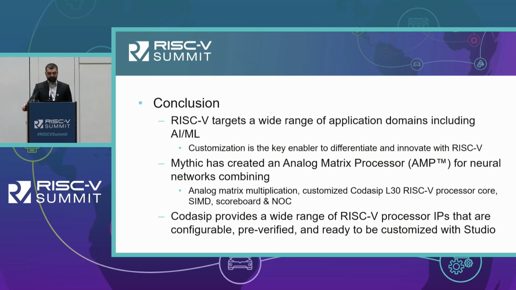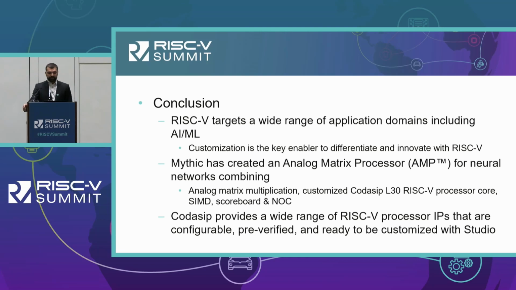So the last one, I'll conclude this presentation. I think that everybody knows that RISC-V really targets a wide range of applications because it's in the nature of RISC-V. It encourages people to do customization and innovation through custom instructions because it's well prepared for this. So this is the reason why RISC-V is important here.